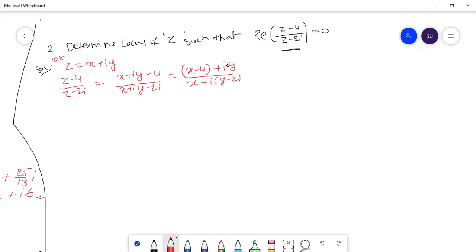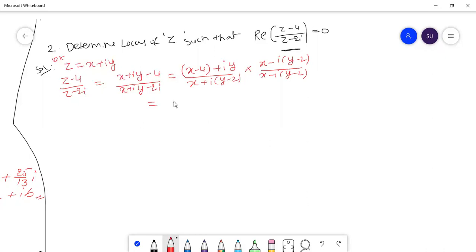Now it is in the form of z1 by z2, that means division. If it is like this, what we need to do? Use the rationalizing factor for the denominator. That means multiply and divide by x minus i into (y minus 2). Now we'll multiply this. We need to be careful while calculating.